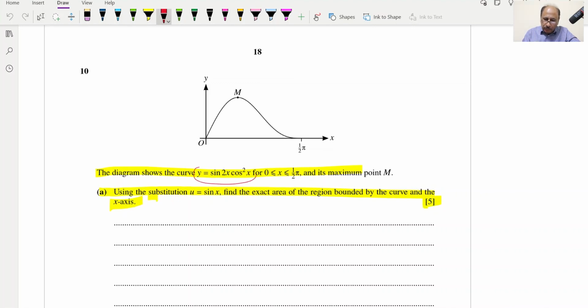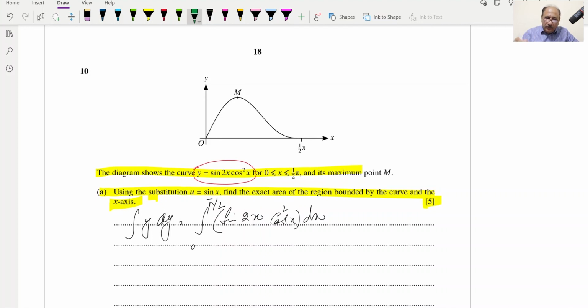We'll use this equation: we can take integral y dx, which is equal to the integral from 0 to pi by 2 of sine of 2x and cos square x dx.